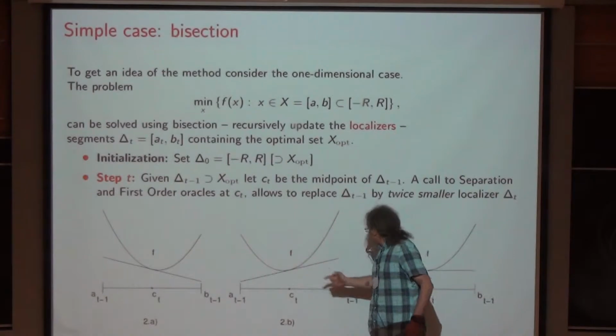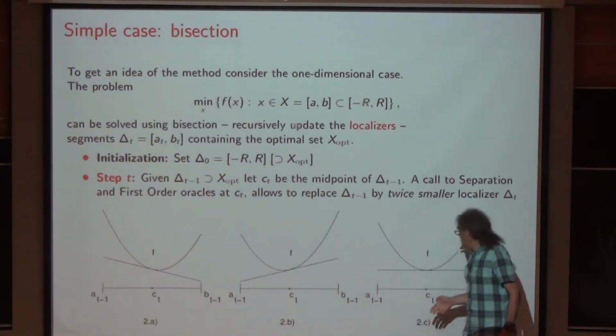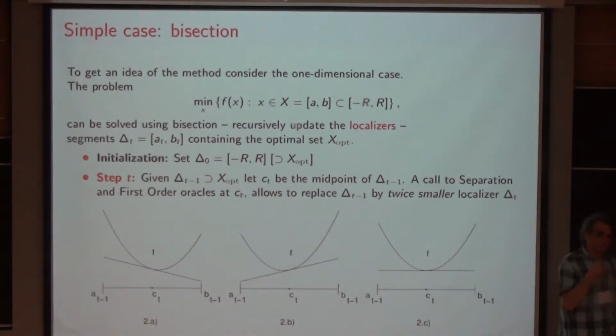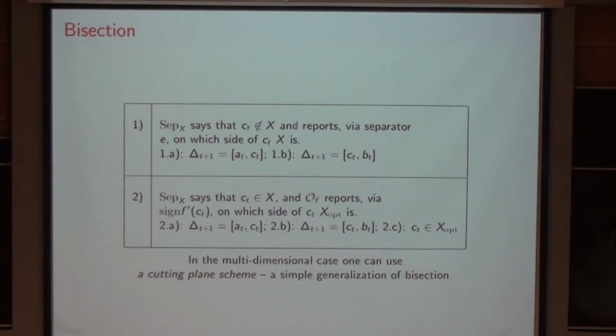And in this situation, we have this left modification, right modification. If by chance the oracle said that the value of the subgradient was 0, we have found the optimal solution. So this is the idea of the bisection algorithm, which is the simplest algorithm of convex optimization, but actually very efficient because it converges linearly, with a factor of 2.